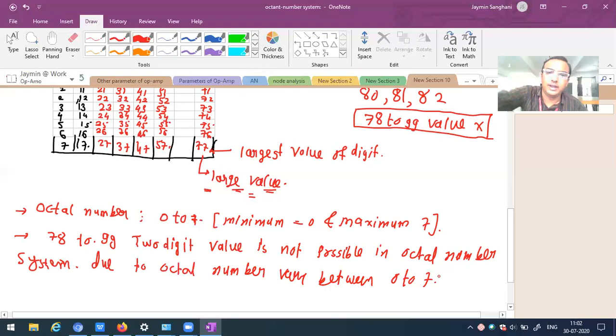And the largest number in the octal two-digit is 77.